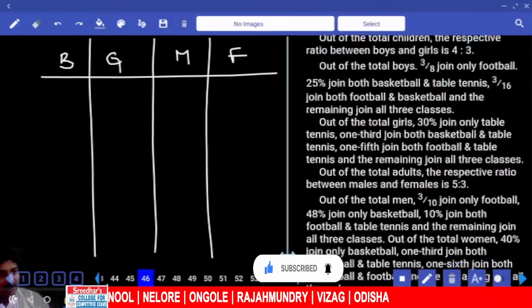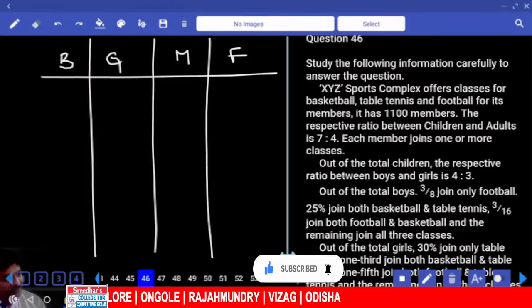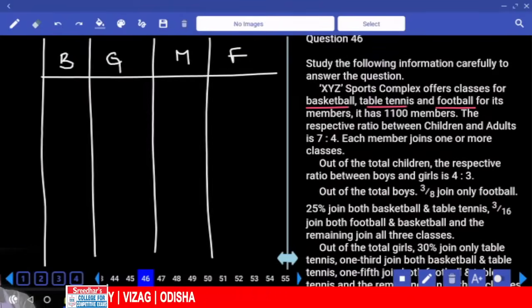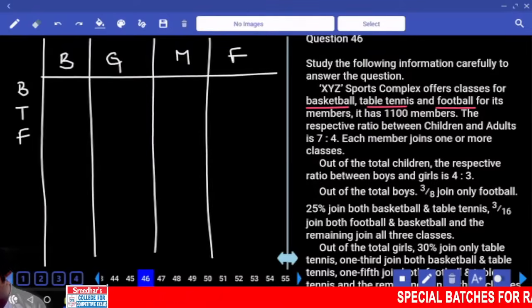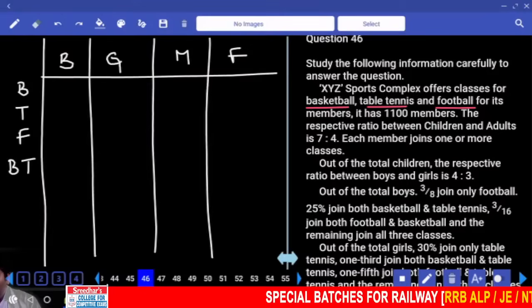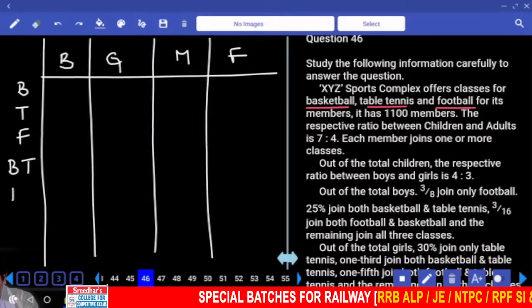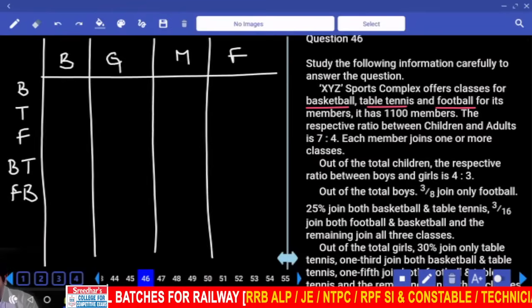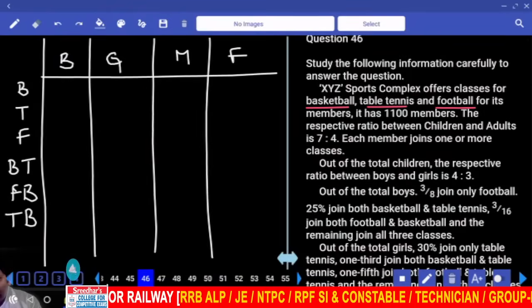Now, how many different classes do we have? 3 games: basketball, table tennis, football. Only basketball, only tennis, only football. BT, basketball and tennis. FB, football and basketball. TB, table tennis.